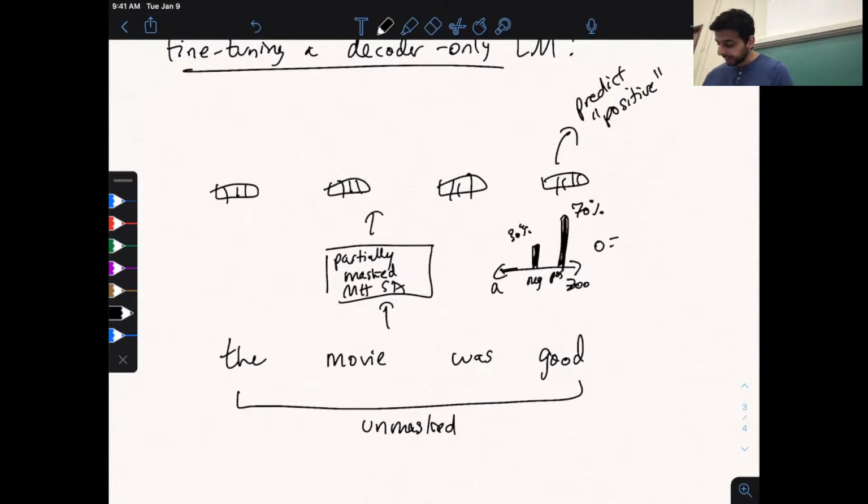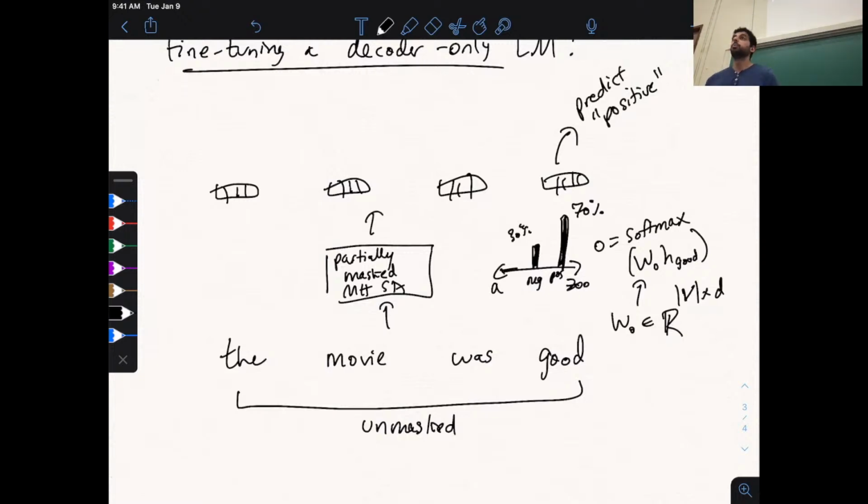Anyway, the way that I compute this distribution is the same as before, W_O h_good. But here, the W_O is of size V by D. So we're using the same softmax matrix during pre-training.